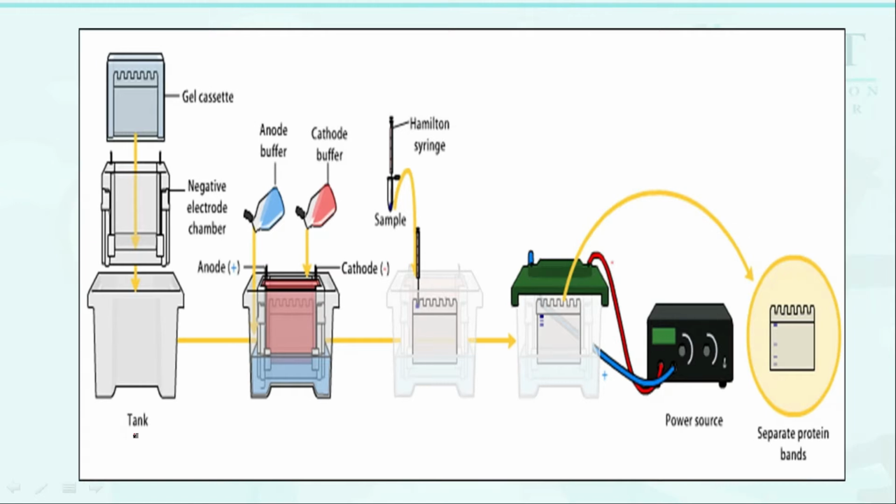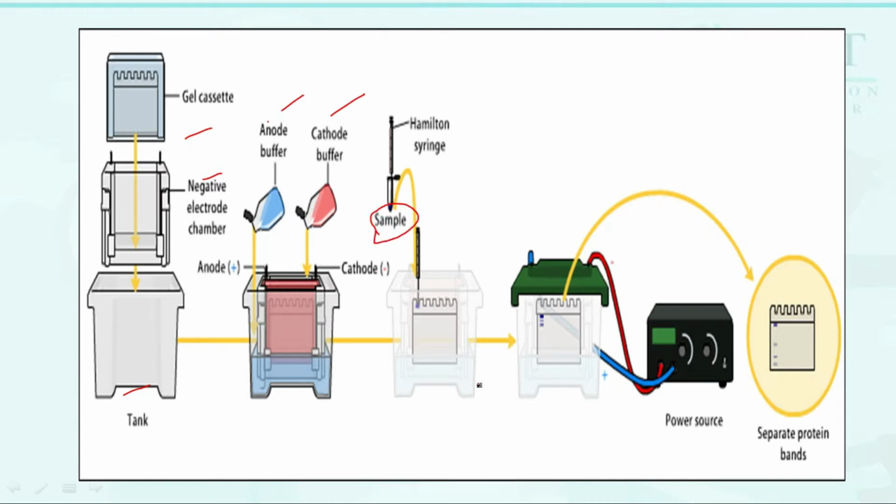Let's discuss with the help of a diagram that there will be a gel cassette and a negative electrode chamber, and there will be anode buffer and cathode buffer, and here we add the sample.